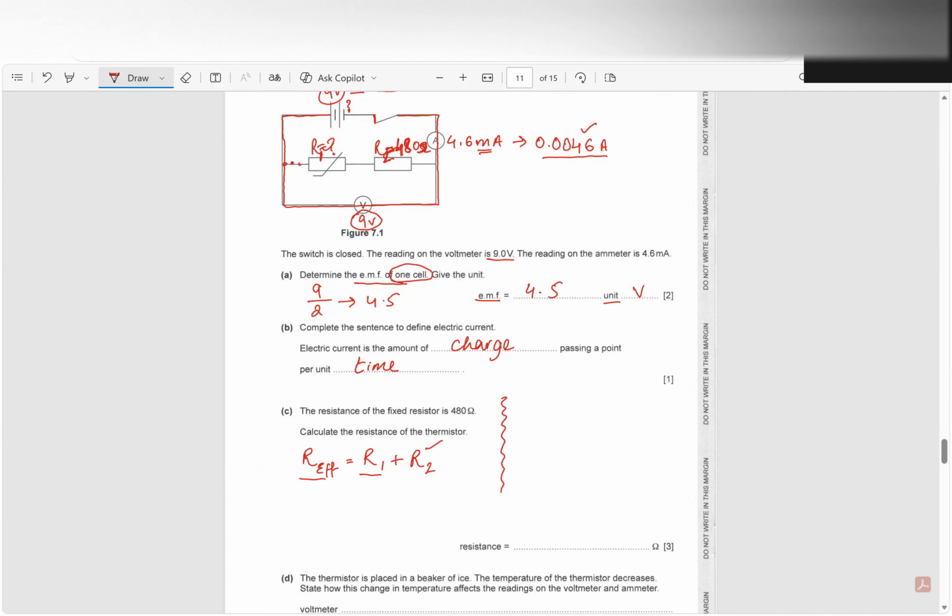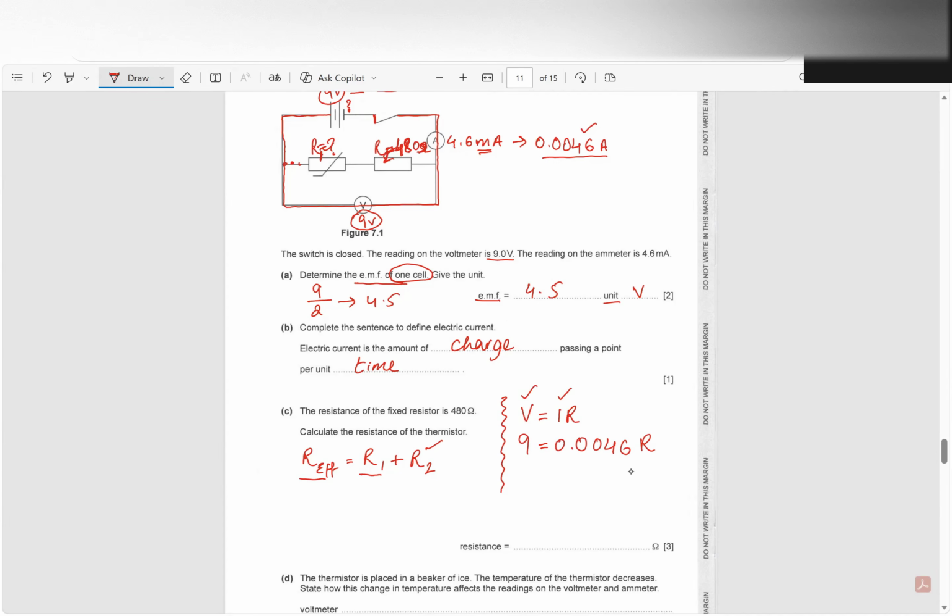You remember the formula, Ohm's law, V is equal to IR. What did it say? V is equal to IR. If we want to find the total resistance, we need to have the total voltage and the total current. We have it. We have the total voltage, it is 9. We have the total current, it is 0.0046.